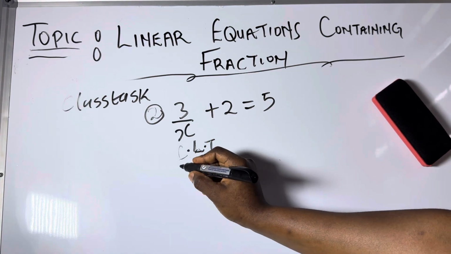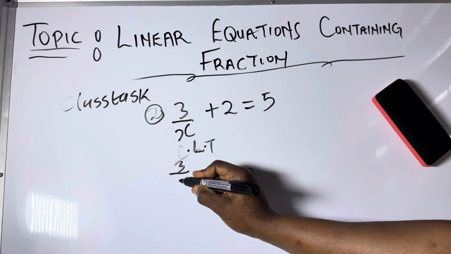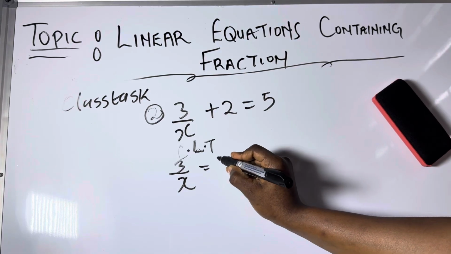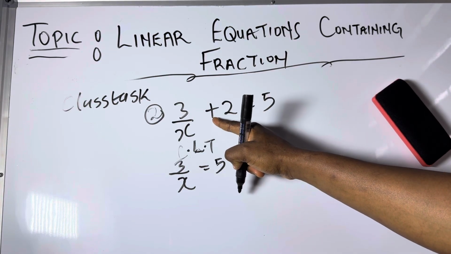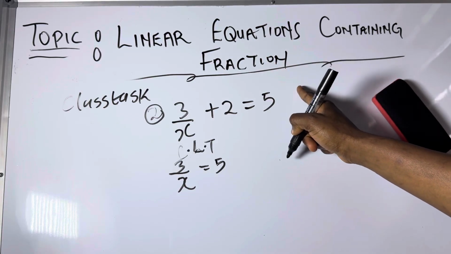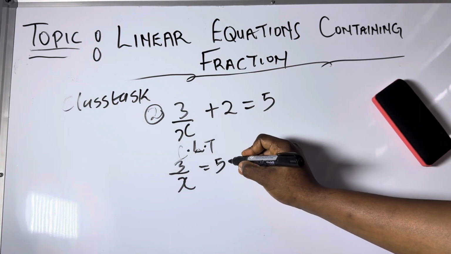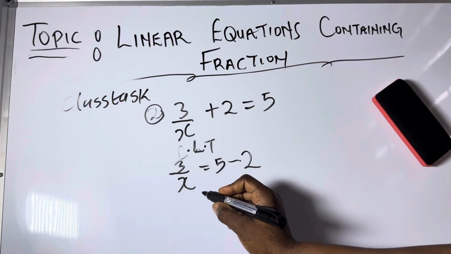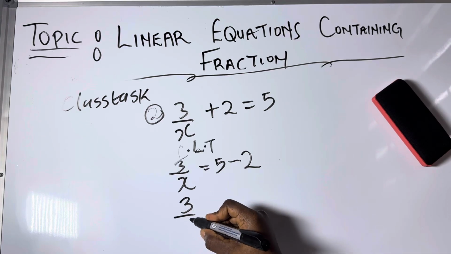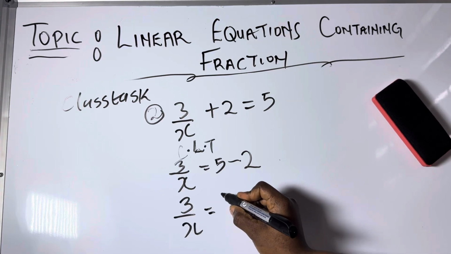Now, here we have 3 over x equals 5. This is a positive 2. If it crosses to the other side, it changes to what? A negative 2. So, we have 3 over x equals 3.